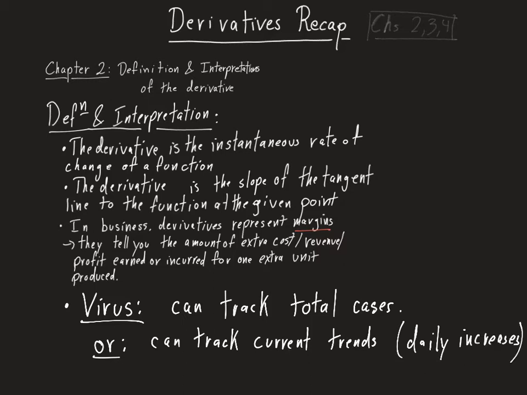If you do the latter of these two, by tracking these daily increases, these will be, in a sense, very close to our idea of derivative. This is the general idea of derivatives in general. Instead of looking at a grand total, you are looking at what is happening right now. How are things changing at this very moment?